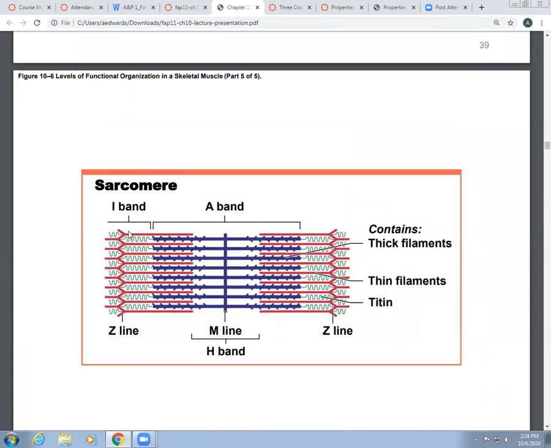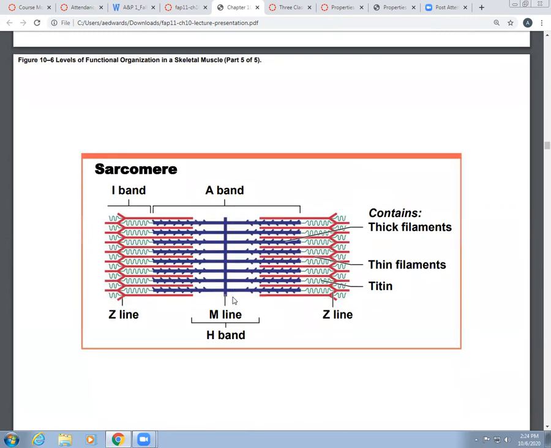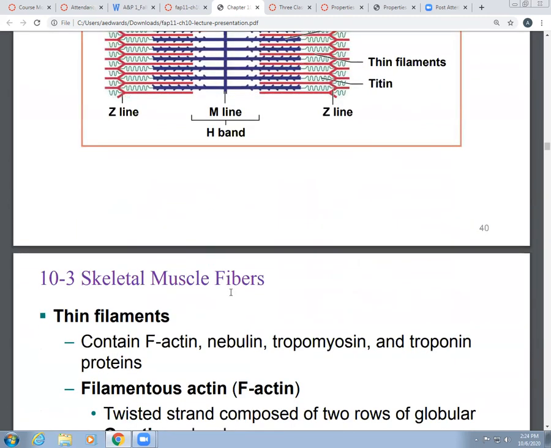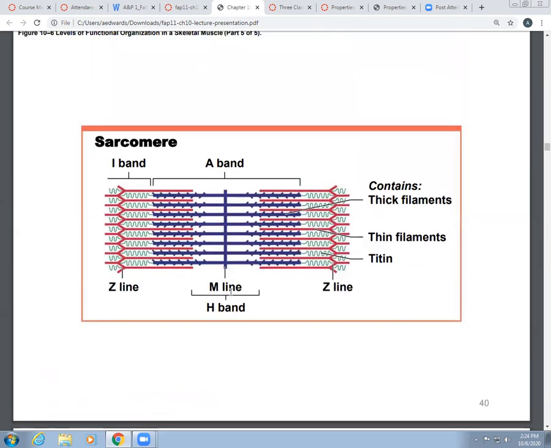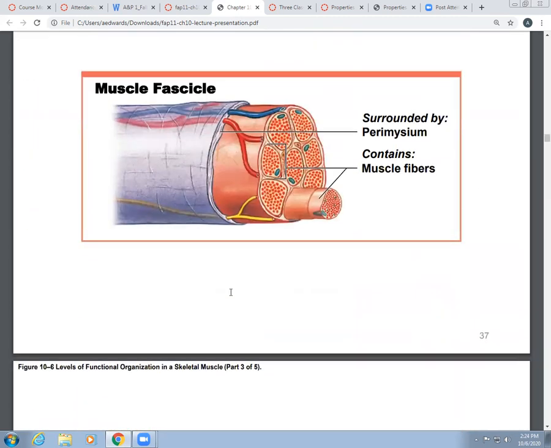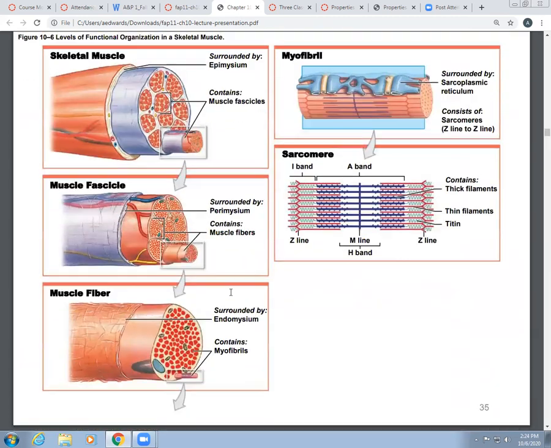Okay, your I band, A band, thick filament, thin filaments, your titin, okay, your Z lines, your M line, and your H band. Okay. So before we move on, I'm going to put this slide back up and discuss with your partner levels of organization.